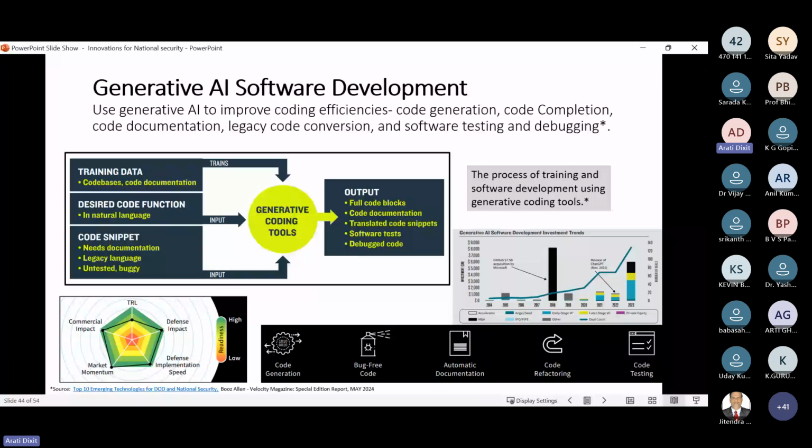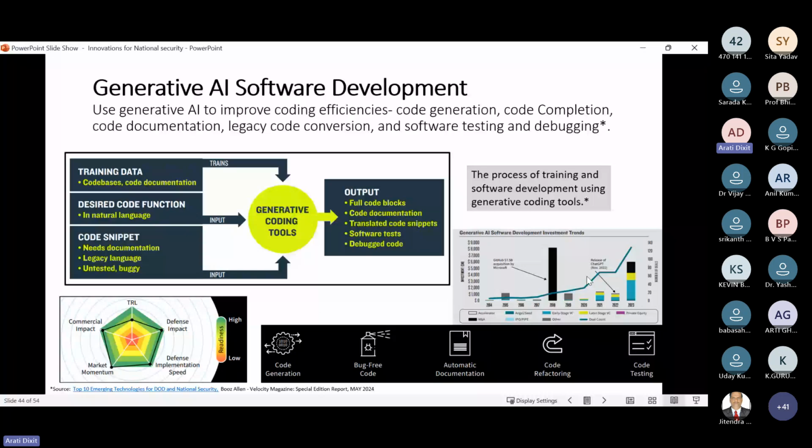So if you look into the radar chart here, it's interesting to see that there's a huge commercial impact, defense impact, market momentum, and defense implementation right now, as of now. And only TRL is a little bit lagging. So readiness is not yet there, but yes, we are moving in that direction. And look at the investments.